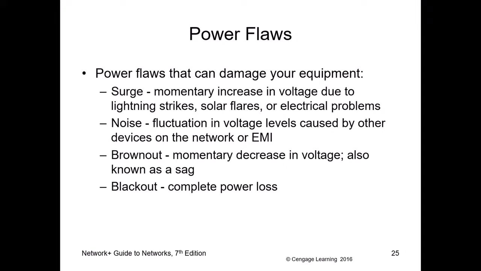So write down, these are the power flaws that can damage your equipment. A surge, a surge of voltage. Let's say, not today necessarily, but if it was a cold day outside, you can have a lot of static charges on those transmission lines.